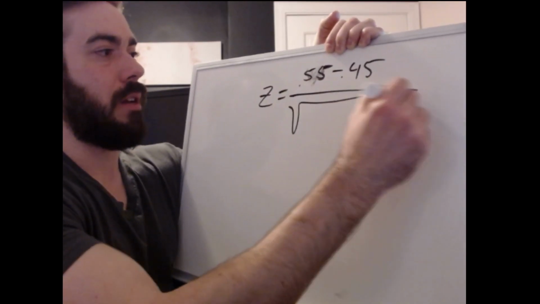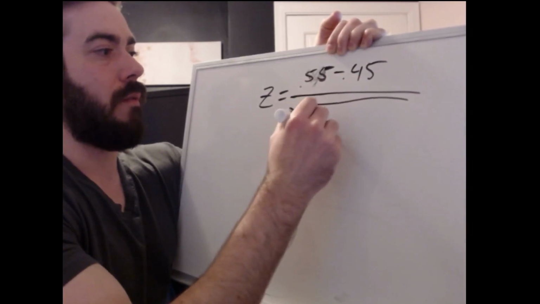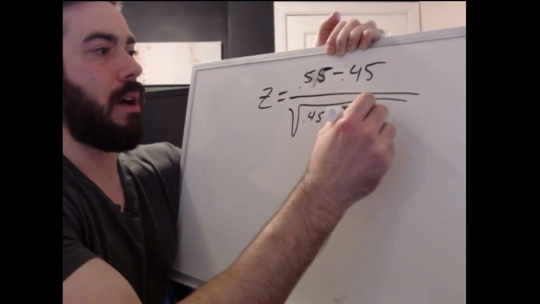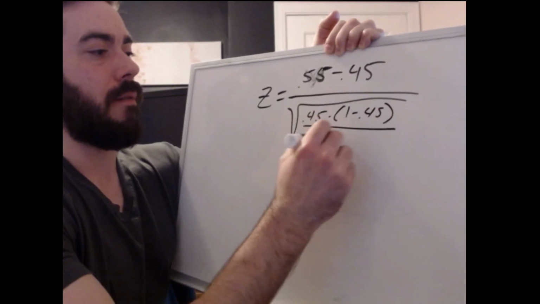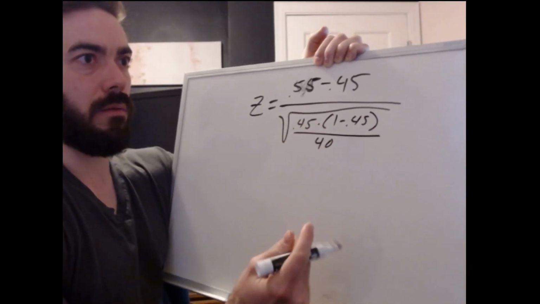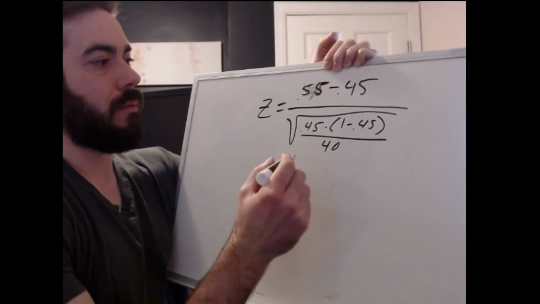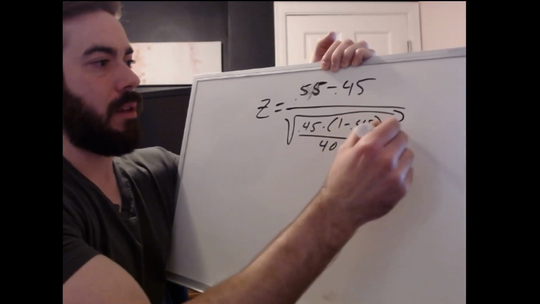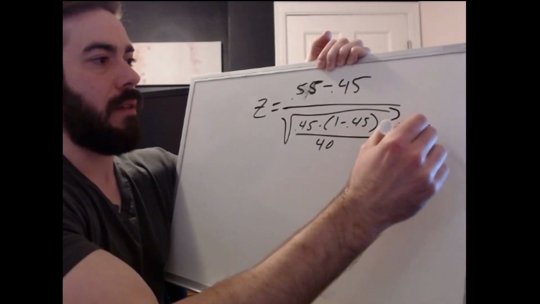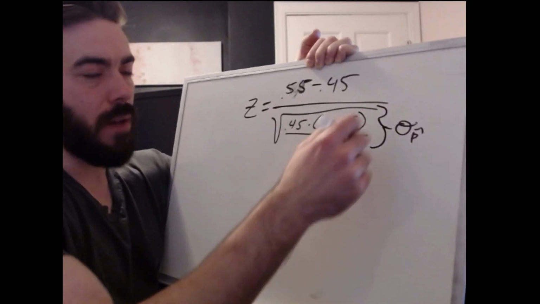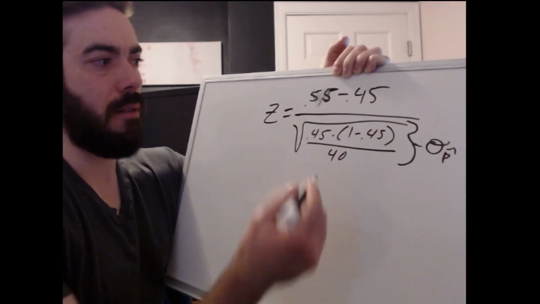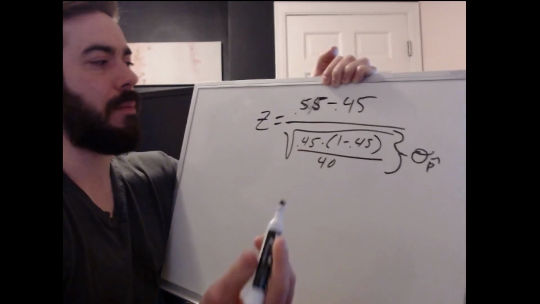Divide by the square root of 0.45 times 1 minus 0.45 divided by 40, which was my sample size. Right. Remember, this represents the standard deviation of my sample proportion. So I could have found the intermediate step and then plugged that in. I could calculate this first and then plug that into the denominator.